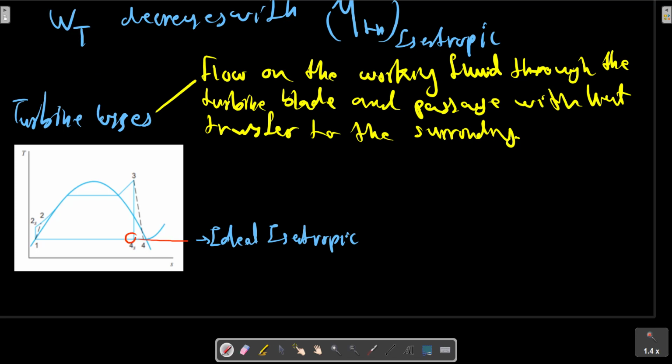Entropy is constant in the ideal isentropic turbine expansion.